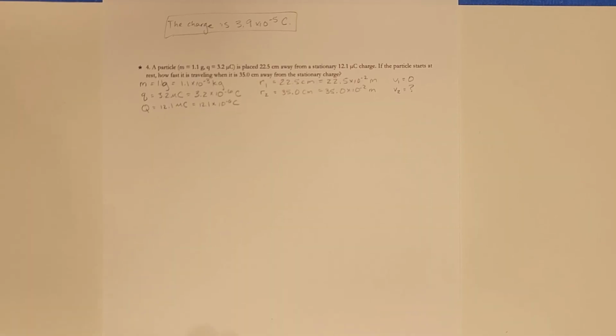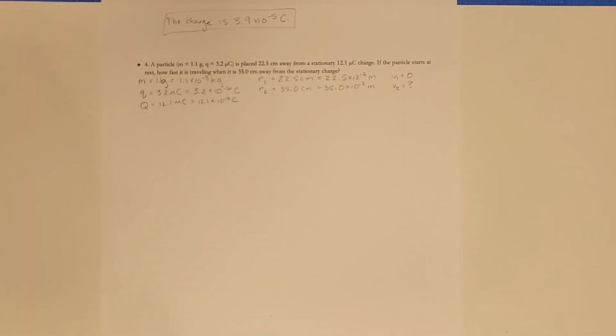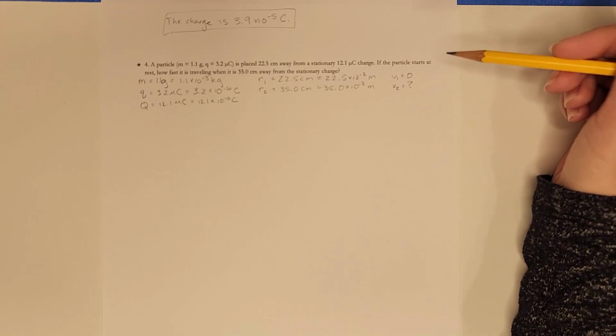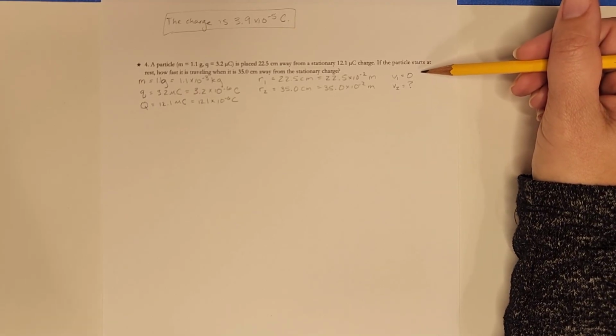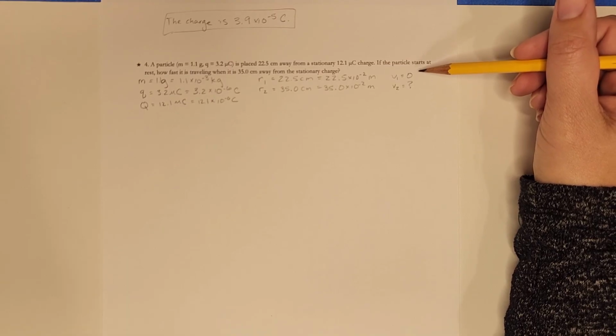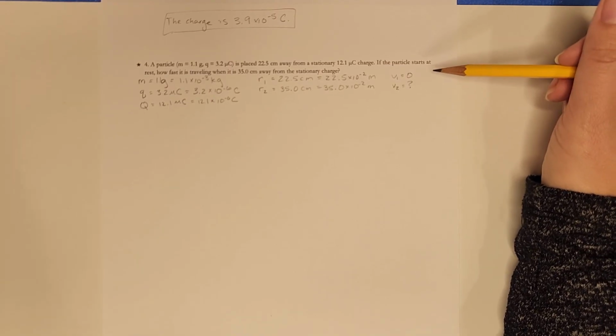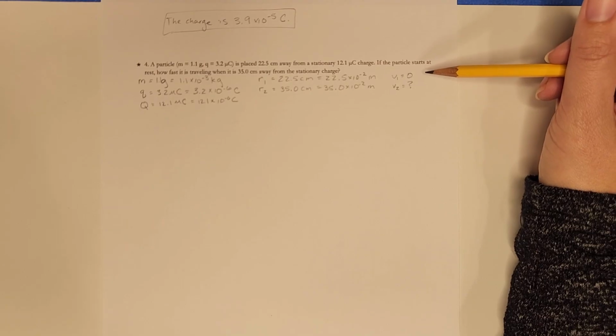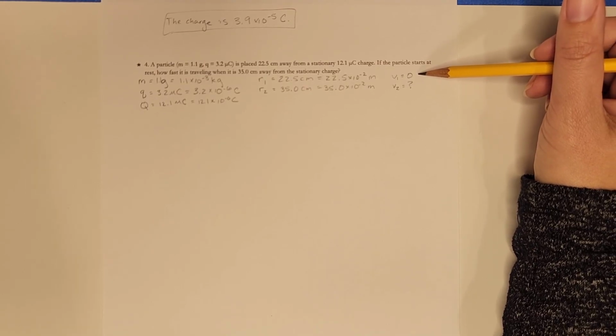Okay, so the key to this problem is knowing what we know about potential energy and kinetic energy. When there's zero velocity, kinetic energy equals 0 because our kinetic energy equation includes velocity in it. So that means the total energy equals the potential energy.